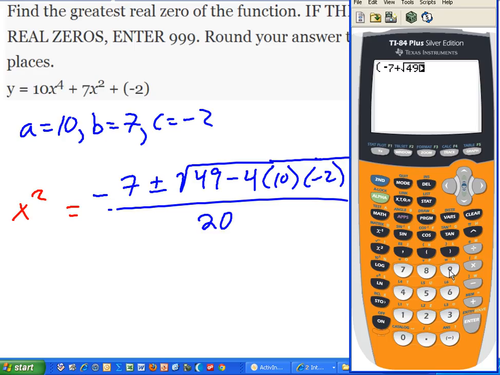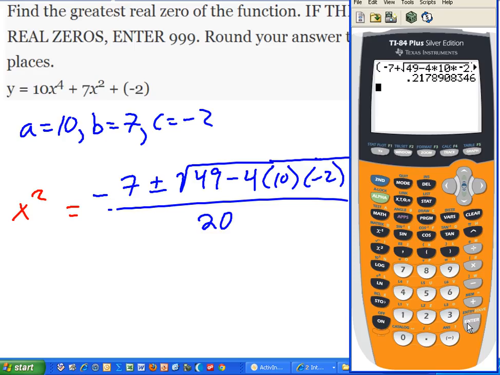Close, get out of the radical, close the whole numerator, and divide by 20. So one answer we get is x squared equals that, right? We want the greatest real zero.